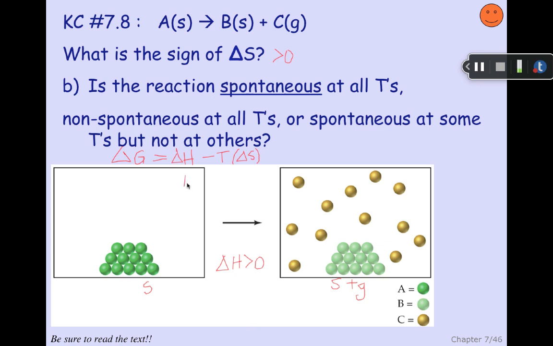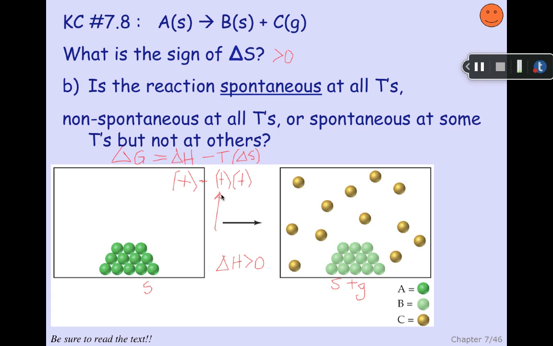If so, this value for delta H in this equation is positive, and then temperature being in Kelvin should always be positive, and delta S we just said was also positive. So if you subtract a positive value from the delta H being also positive, the overall calculated value may or may not be positive depending on the size of the temperature.